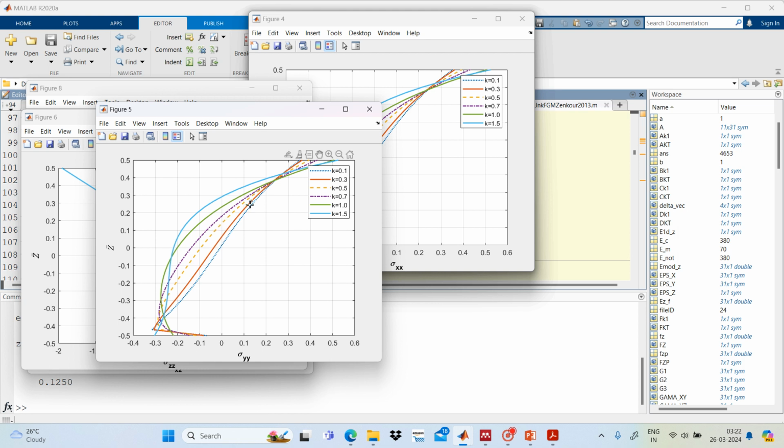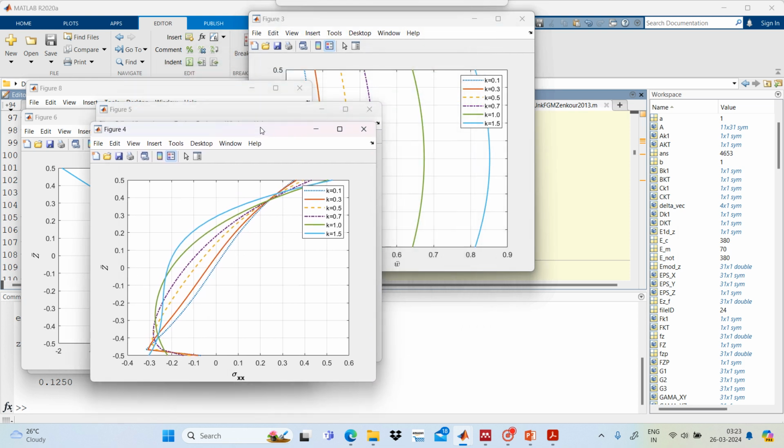Okay, then this is the blue line, so it's increasing as we will see that k values are increasing, it's approaching like metallic characters, so large stress are increasing. Similarly, this is sigma xx, the same as it's also showing.